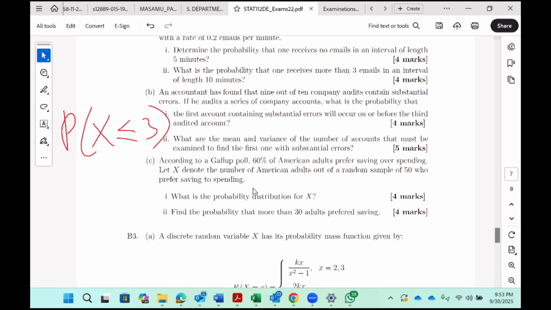Is that okay? So we know the probability distribution is p times (1 minus p), or q, to the power x minus 1.